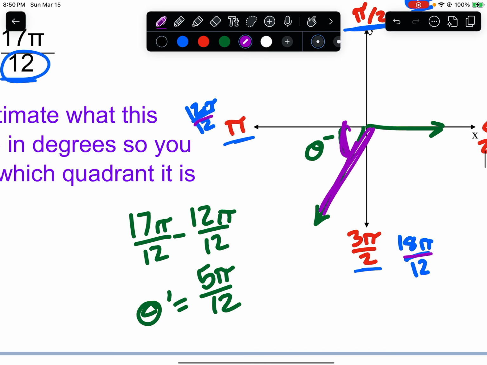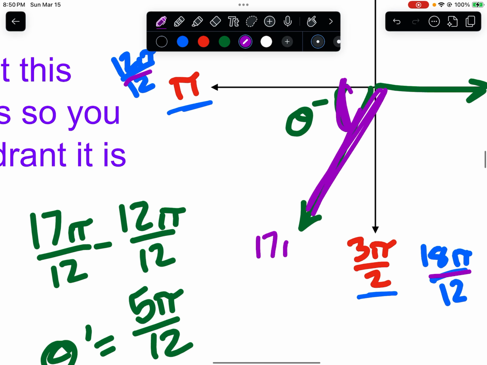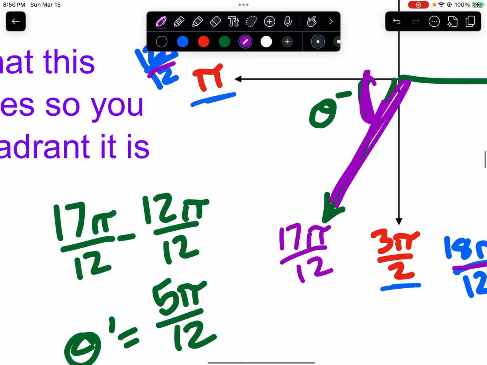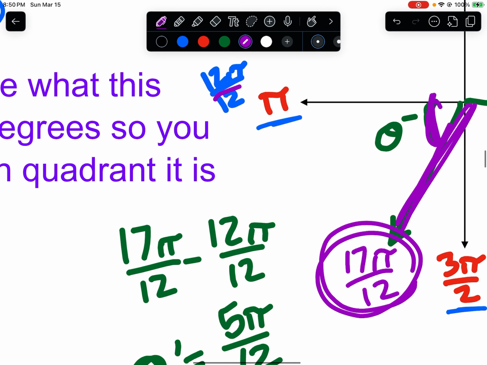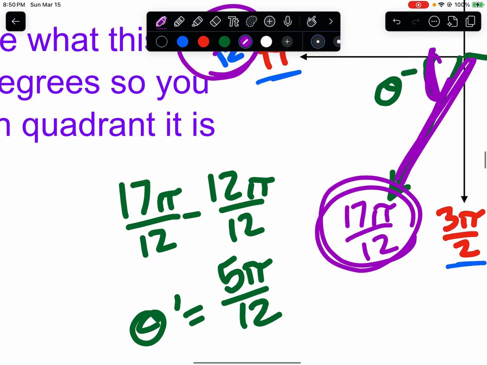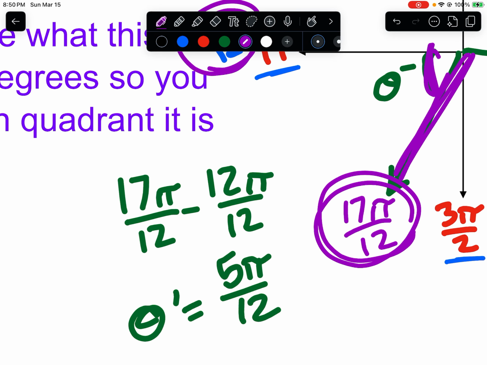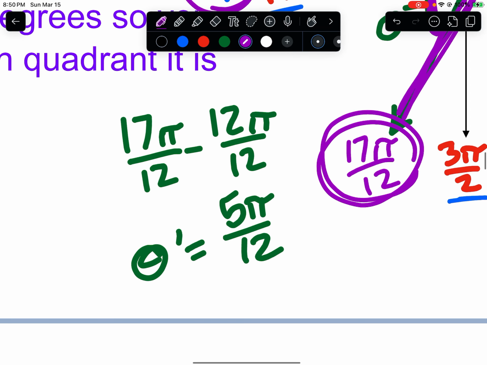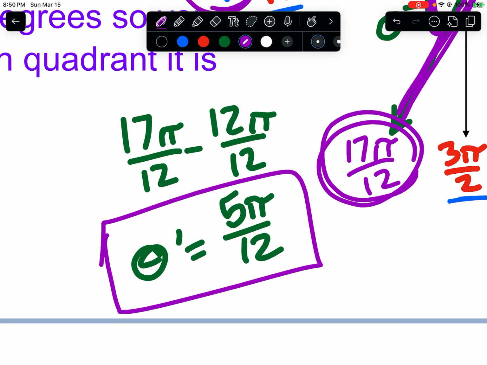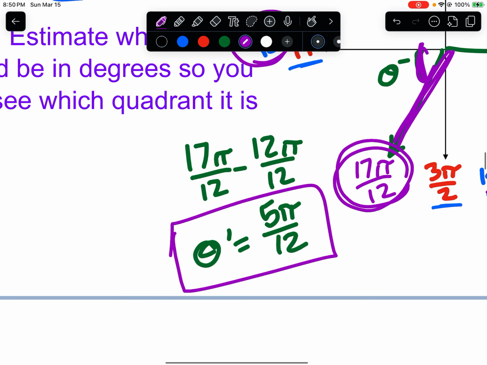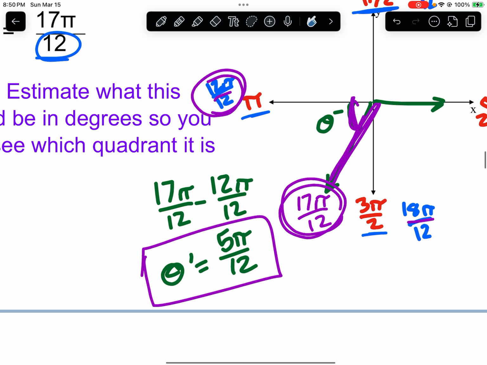And so if we're looking for this angle right there, again, all we're going to do is, if this is our 17 pi over 12, take the bigger number minus the smaller one. So we'll just do 17 pi over 12 minus 12 pi over 12 and get a reference angle of 5 pi over 12.